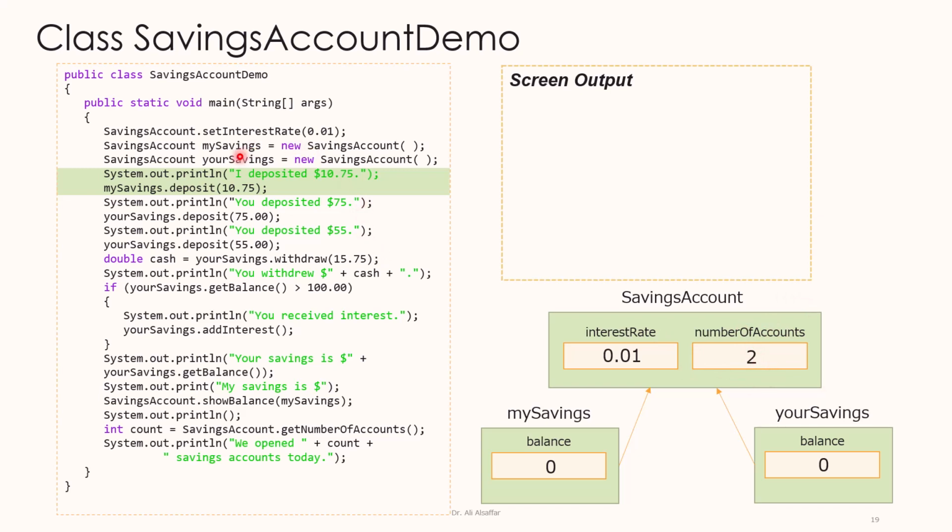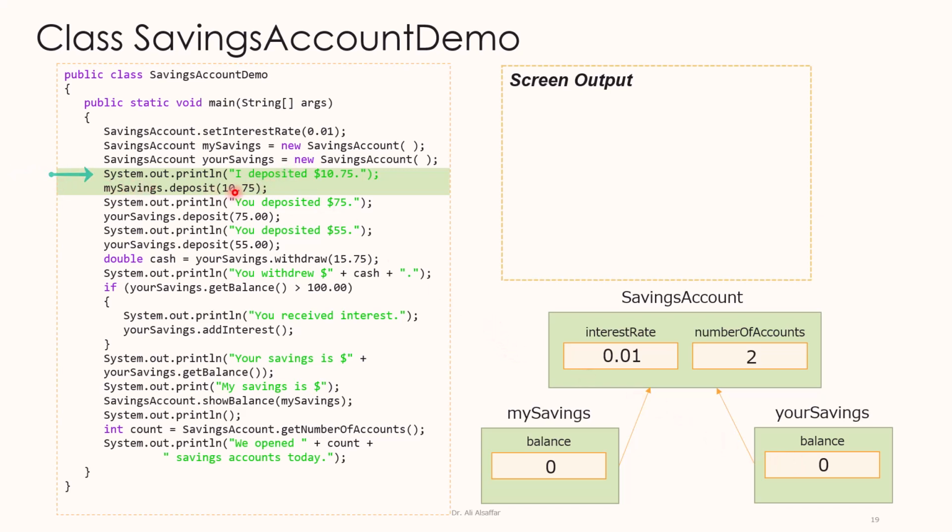Because when we created the first object, the constructor for the class incremented number of accounts by 1, which is my savings. And when we created your savings, its constructor also incremented number of accounts by 1. And after creating these two objects, number of accounts will be equal to 2. This is the situation we now have. My savings has balance 0 and your savings has balance 0 as well.